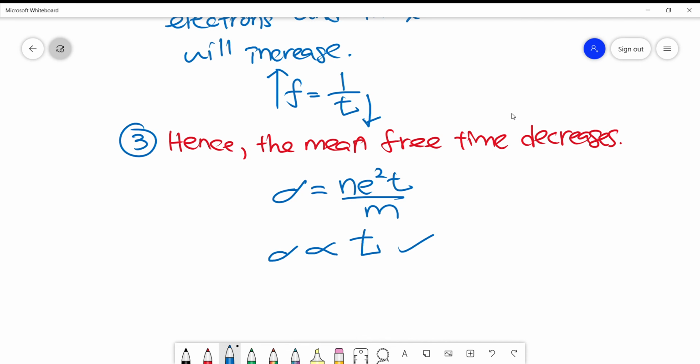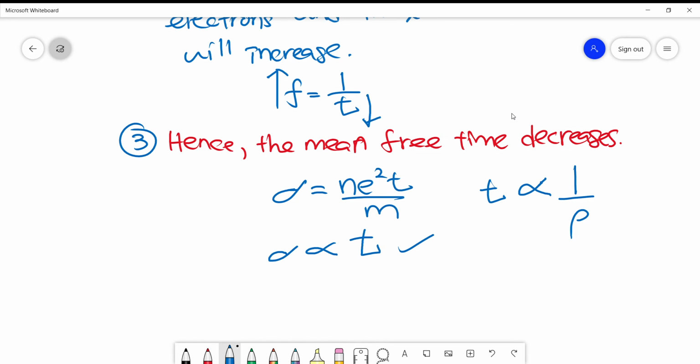And of course, if I change sigma to the resistivity, what I get is that the resistivity is inversely proportional to the mean free time.